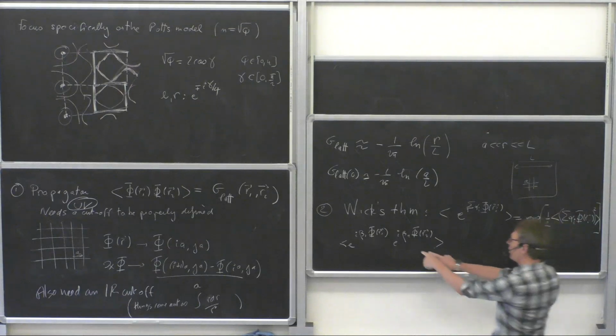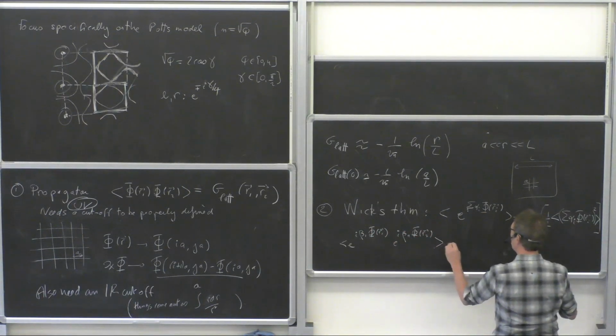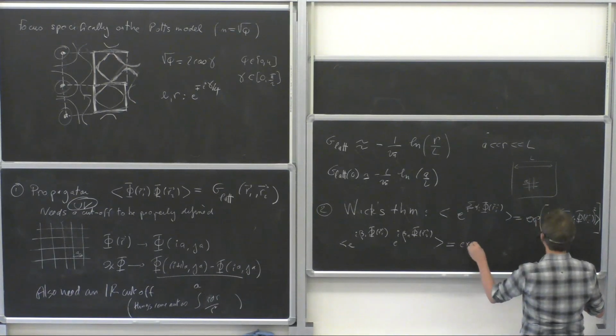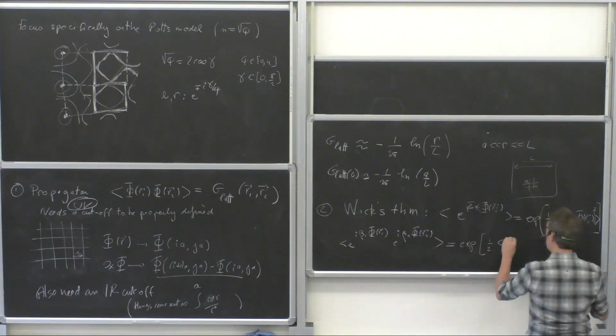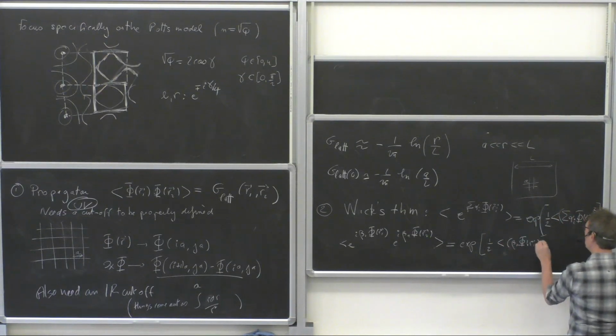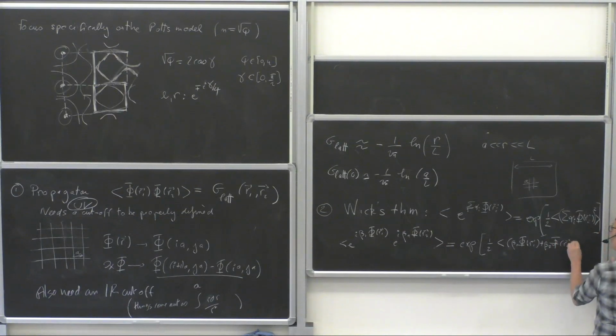Of course, this is the same as the exponential of i beta 1 phi of R1 plus beta 2 phi of R2. And then there's exponential of 1/2 average of beta 1 phi of R1 plus beta 2 phi of R2 square. Okay, that's the theorem.